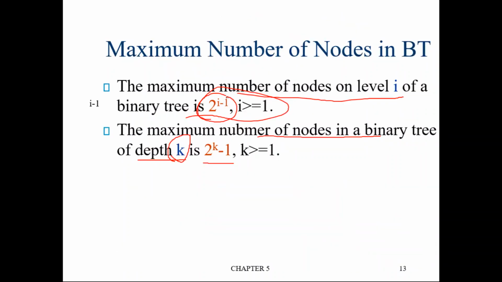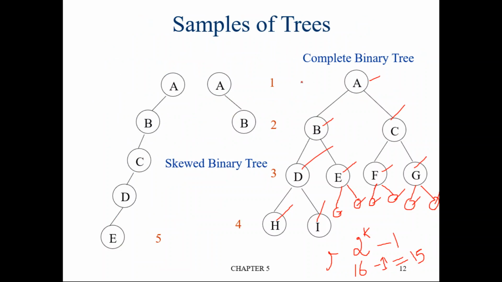So if you take this particular tree again, what is the maximum number of nodes at the first level? 2 to the power i minus 1. The first level i is 1. 2 to the power 1 minus 1, that is 2 minus 1, is 1. What is the maximum number of nodes at level 2? Again 2 to the power i minus 1.